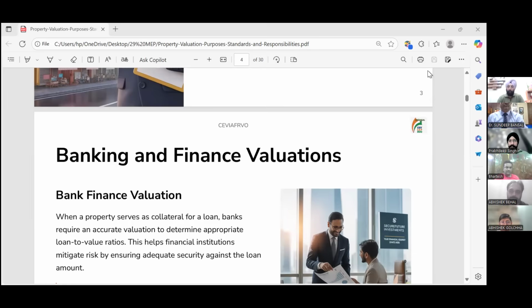Maybe that if the property's value is 10 lakh, and the loan to value ratio is 65%, it means bank will give a maximum loan amount of 6.5 lakh. So determining the accurate value is important, because on the basis of your valuation, bank will give the loan.